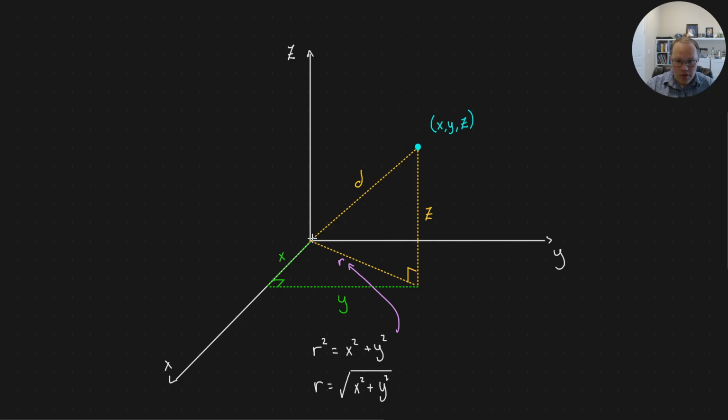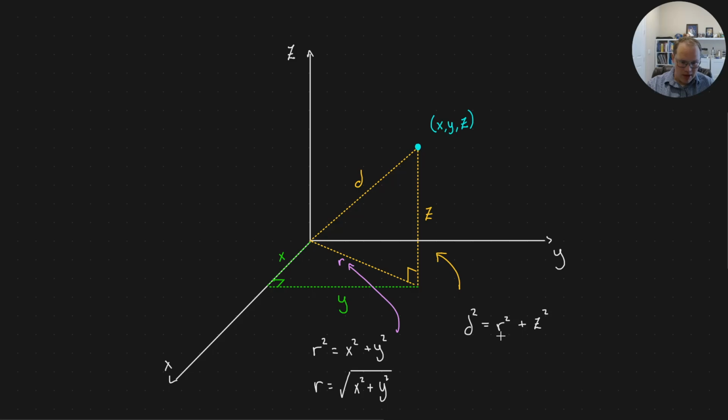But now that we know this edge here, we can use the standard two-dimensional Pythagorean theorem on the yellow triangle to figure out what that d is. Okay? So with the yellow triangle here, we would have d squared equals r squared plus z squared.